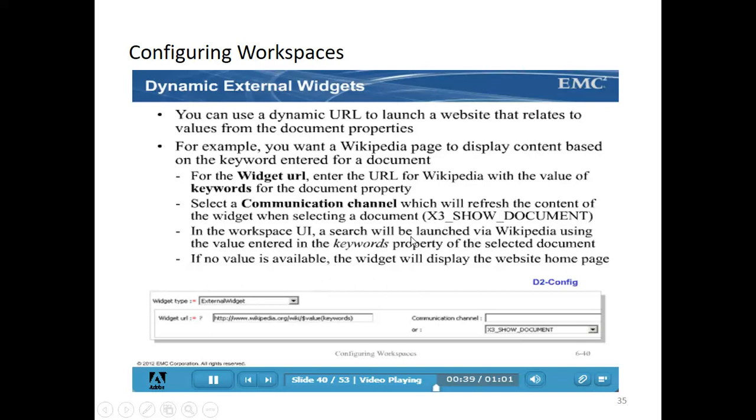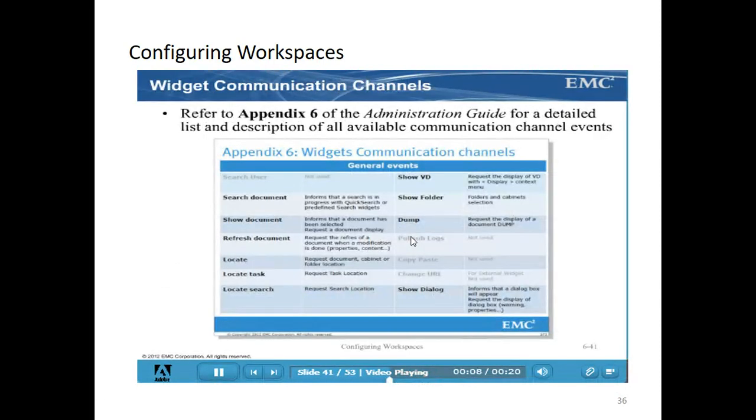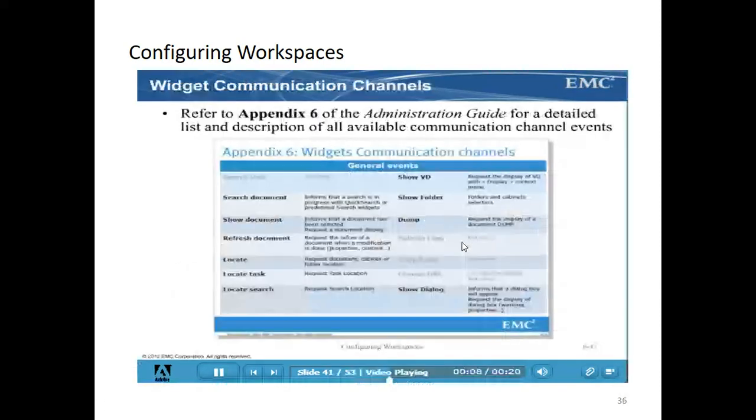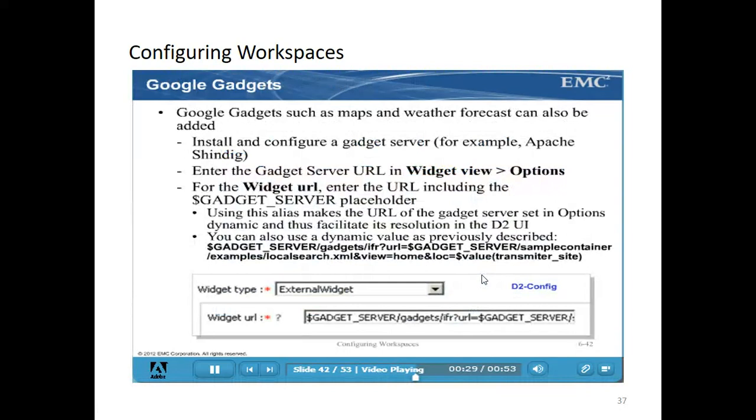In Workspace UI, the search will be launched in Wikipedia using the keyword value given. X3 show documents will refresh the content of the widget selected in the document. Some of the useful communication channels are search document, show document, refresh, location task. These are some of the communication channels.